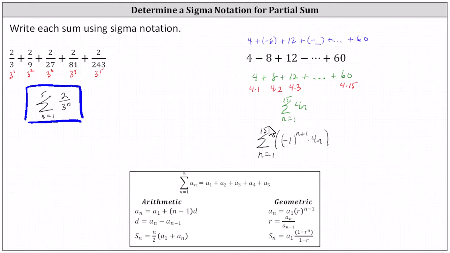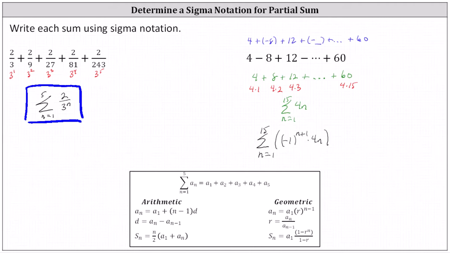Let's talk about why I included an exponent of n plus 1 instead of n. This is because the first term is positive 4, and notice when n equals 1, the exponent on negative 1 would be 2, and the square of negative 1 is positive 1, giving us positive 1 times 4 times 1, or positive 4.